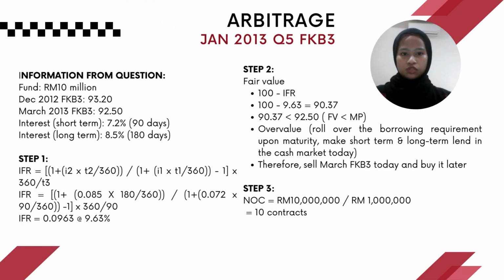So first, you need to find the information for the question, and the first step is to find the IFR, which is 1 plus I2 multiplied by T2 divided by 360, divided by 1 plus the short term interest multiplied by the short term time divided by 360, minus 1, and you need to multiply with 360 divided by T3.